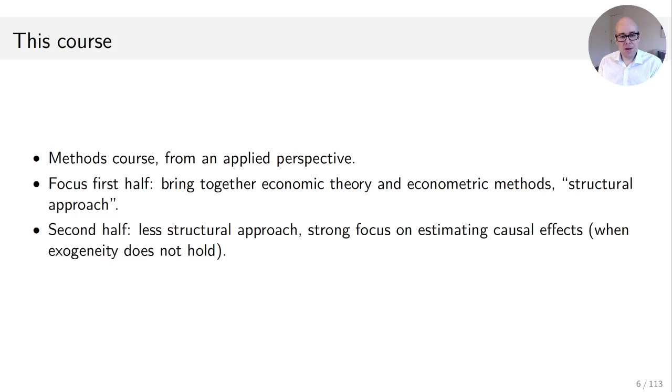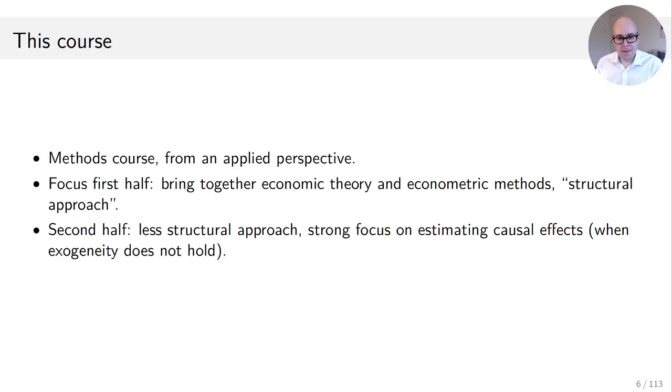Obviously I'm not going to be able to cover everything there is to the structural approach, but you're going to get some ideas about it in this course, and we lay the foundation for other courses that will follow later on, in particular field courses.